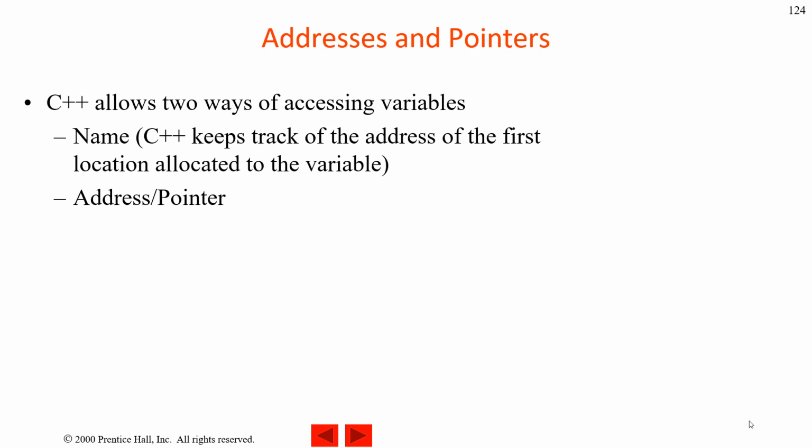So for instance, if I tell you to go to GIK Institute, I have told you the name, and you will arrive at this university or this institute. The other thing I can do is I can say, okay, go to plot number 5, Right Bank Road, Topi, and if you go to that address, you are going to also arrive at the same location, at the same GIK Institute.